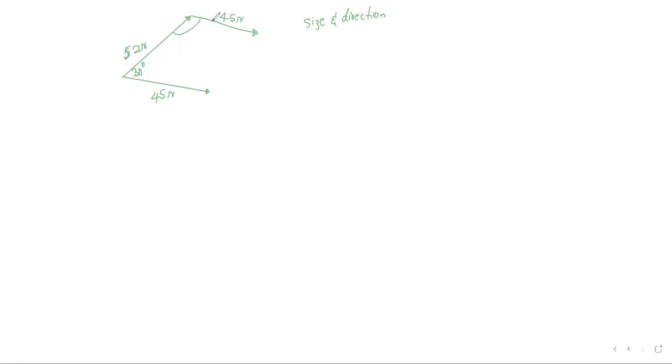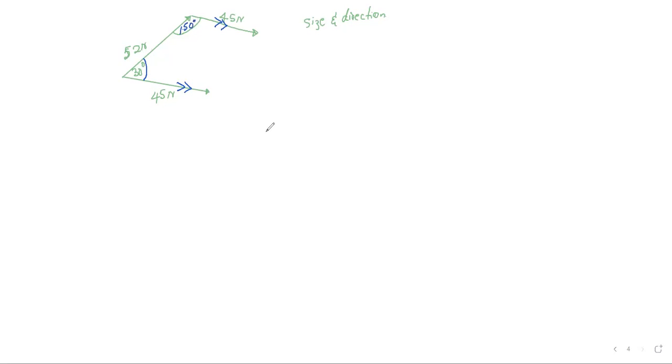Now, if they are in the same direction, we mathematically expect them to be parallel. And if they are parallel, this angle here and this 30 degrees form co-interior angles, then we expect that to be 150 degrees.